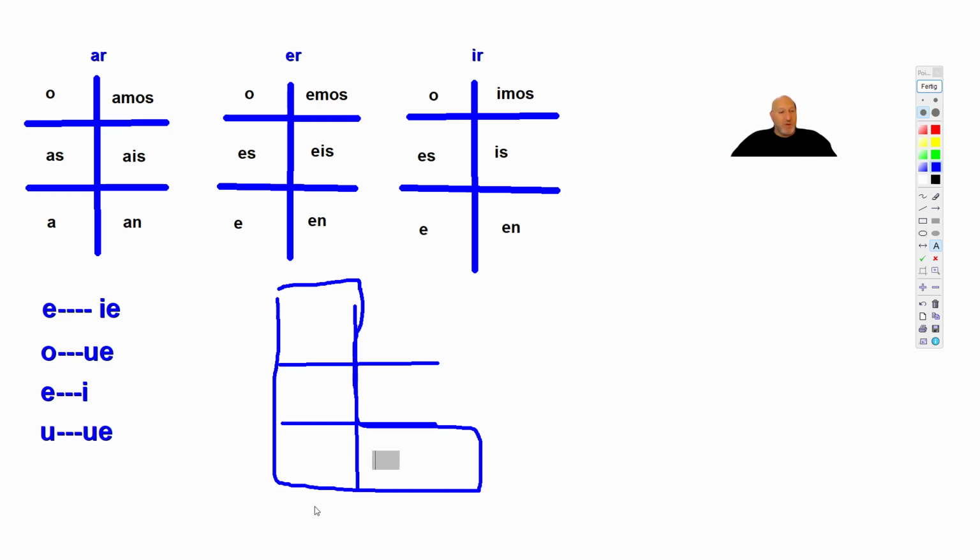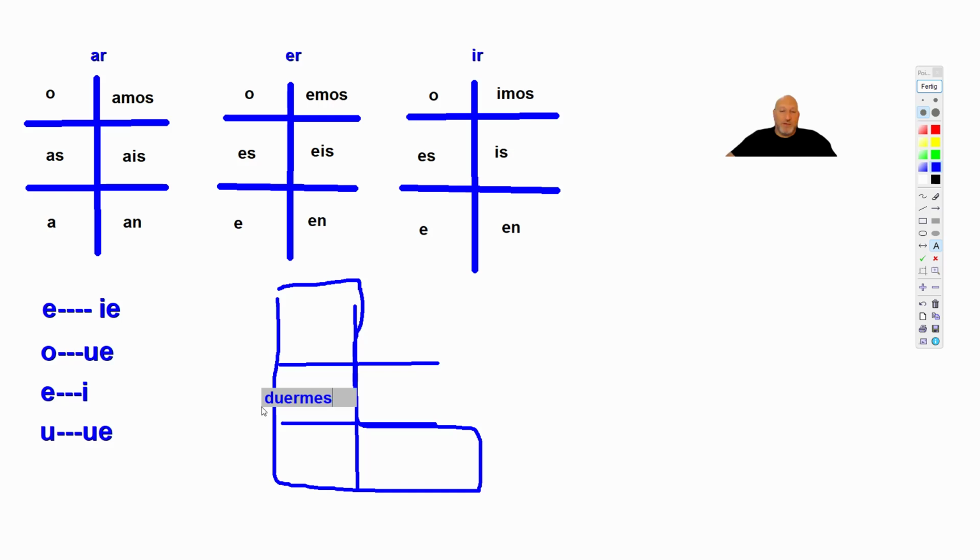The same happens with all these categories. All of them follow the boot rule, and you have to apply those changes that I'm showing you. For example, verbs where an O becomes a UE. The verb dormir, the verb to sleep. How would I say I sleep? Duermo. I changed the O into a UE.